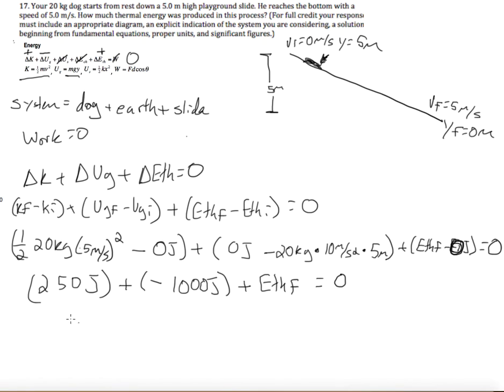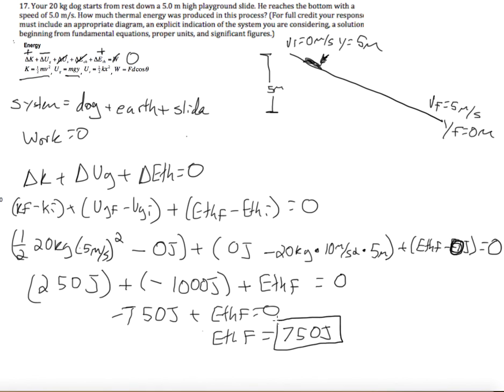It's going to equal 0. So it's going to be negative 750 plus ETH final equals 0. So ETH final will equal 750 joules. And that is how much thermal energy will be generated when the dog slides down the slide.